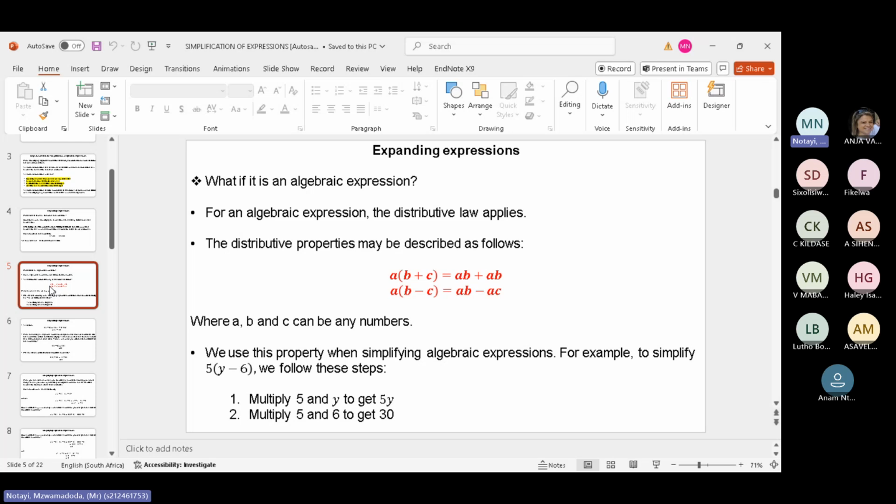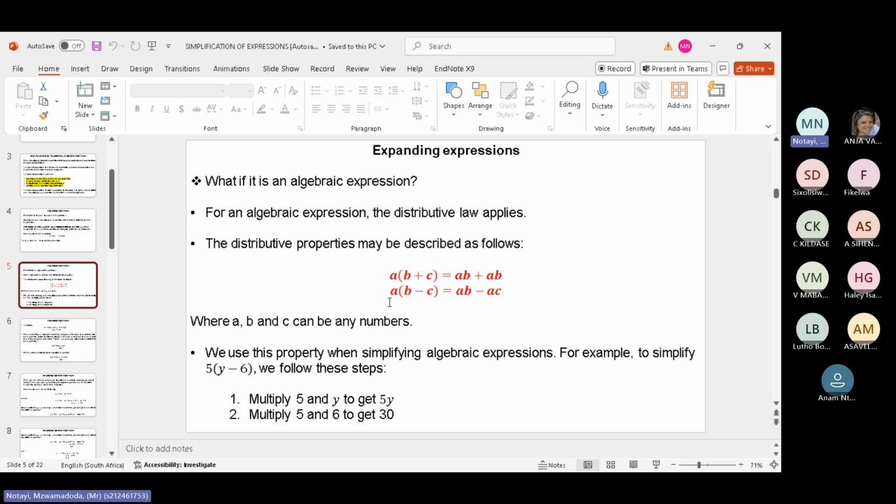Expanding expressions. What if it is an algebraic expression? For an algebraic expression, the distributive law applies. The distributive properties may be described as follows. We have A multiplying B plus C, the sum of B and C. That means we multiply A and B first, to break that bracket, to get AB, plus we multiply A and C to get AC.